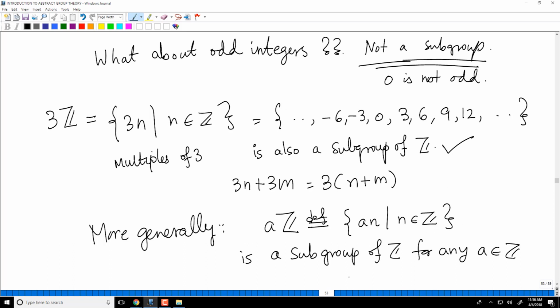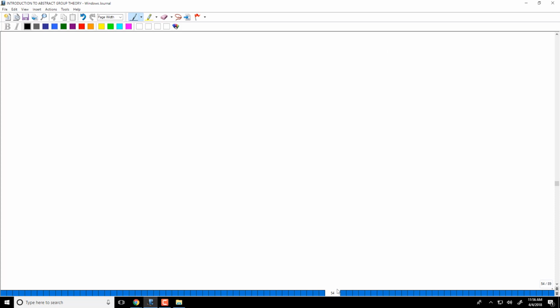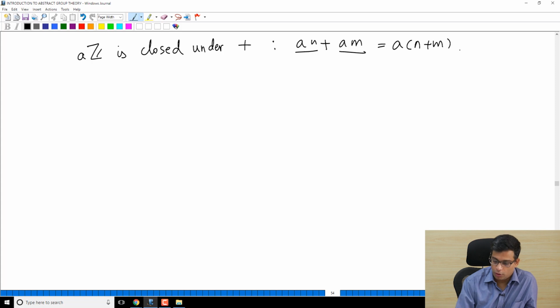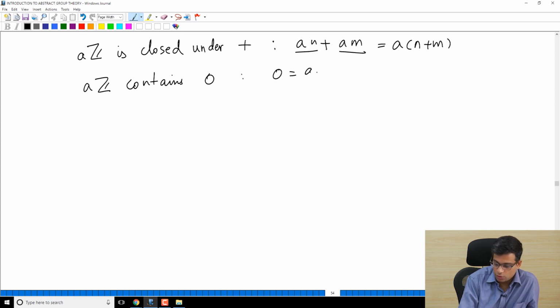It is a subgroup of Z for every a. Let me check one by one. aZ is closed under addition. Why? Because if you take an plus am, this is a multiple of a, this is a multiple of a, and adding them you get a times n plus m, which is also a multiple of a. So, that is okay. aZ contains 0, certainly, because 0 is a times 0.